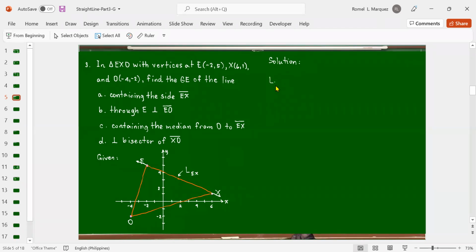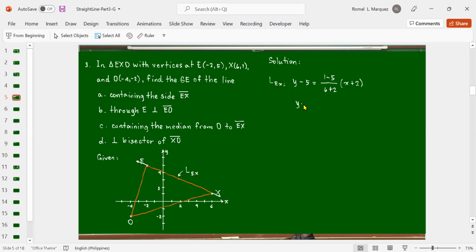So for line EX, using two-point form, I can use any of these points, E and X. So y minus 5 equals the slope, 1 minus 5 all over 6 minus negative 2, multiplied by x minus negative 2.